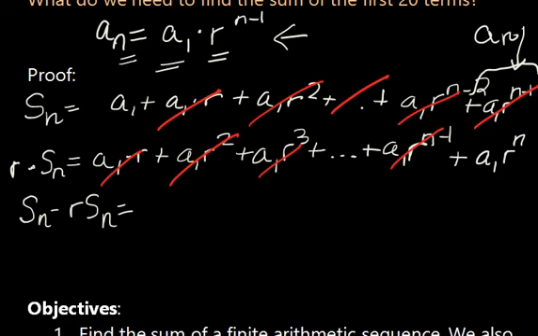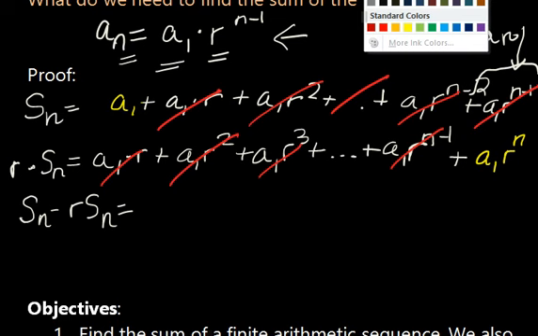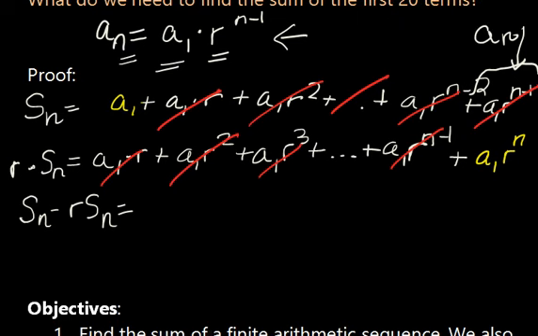What we are left with is a sub 1, and the last term of that multiple of s sub n, which is a sub 1 times r to the n. Let's write that out. We are left with a sub 1 minus a sub 1 times r to the n.